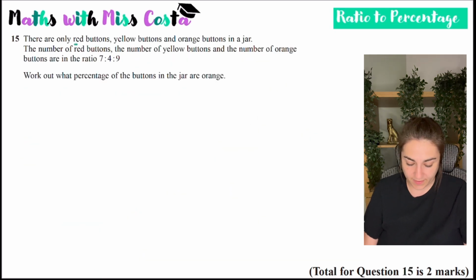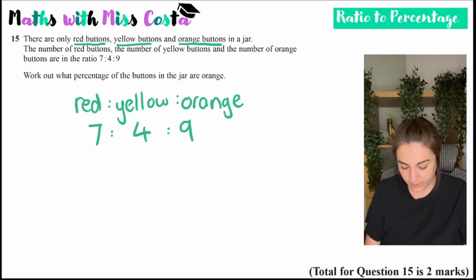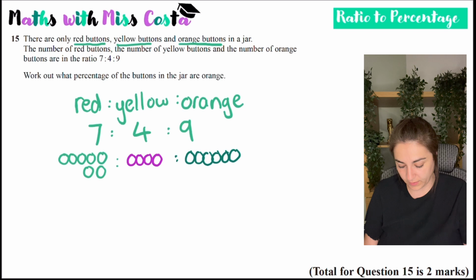Next, I'm told that there are only red buttons, yellow buttons, and orange buttons in a jar. The number of red buttons to the number of yellow buttons and the number of orange buttons are in the ratio 7 to 4 to 9. So I could visualize that. So 1, 2, 3, 4, 5, 6, 7 to 1, 2, 3, 4 to 1, 2, 3, 4, 5, 6, 7, 8, 9.